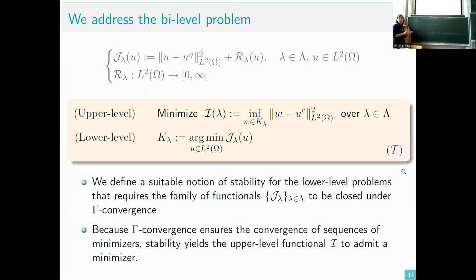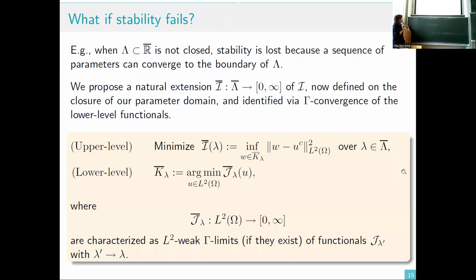There is an optimal lambda, period. Now, in many instances, for example, when the set of parameters is not closed, the family will not satisfy the stability condition. So then we have a problem. We have to understand what happens then.